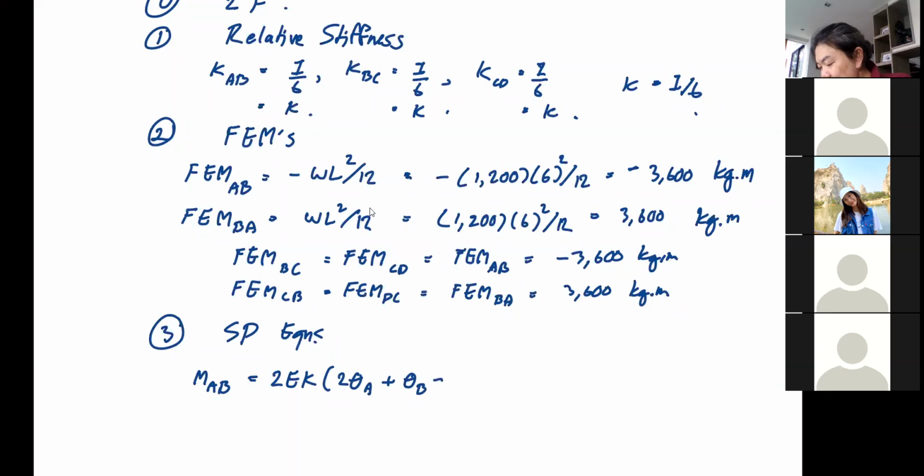Minus 3 psi of member AB, and then plus fixed end moment of AB.